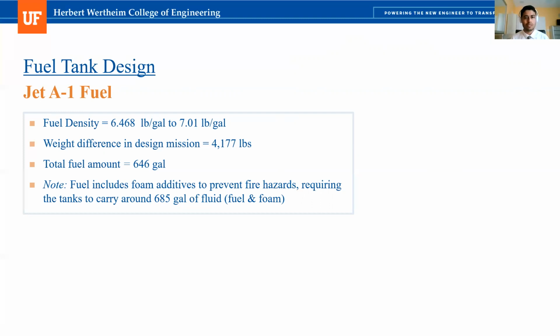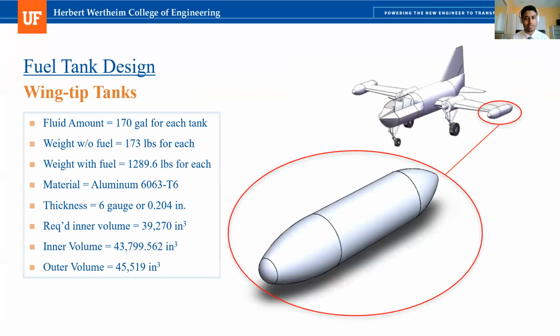So instead of carrying just a fuel amount of 646 gallons, the BC-1 aircraft is required to carry 685 gallons of fuel and foam, since foam displaces 5% of the fuel volume that it's put into. Next slide.